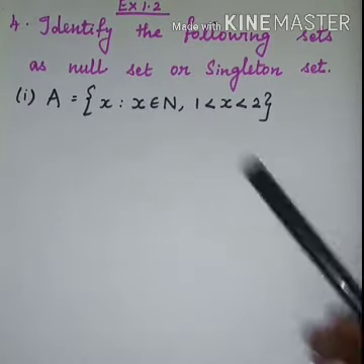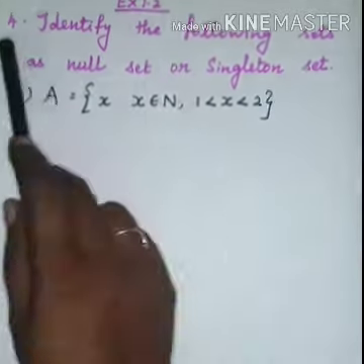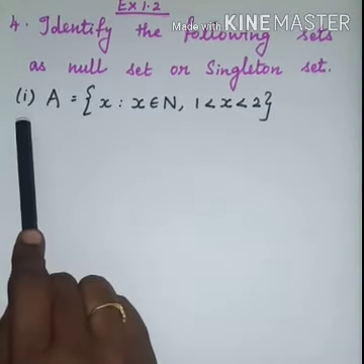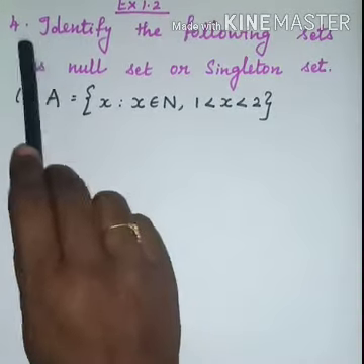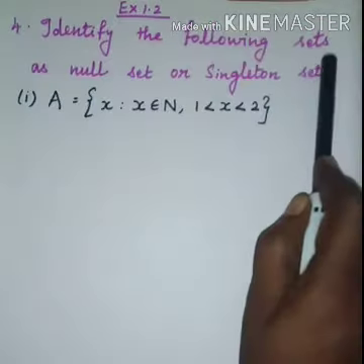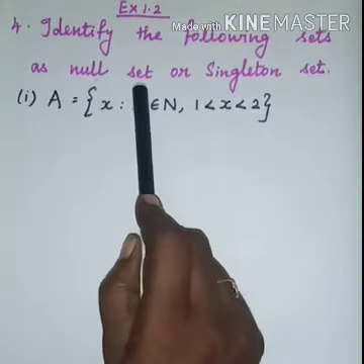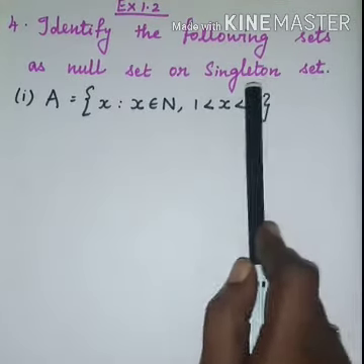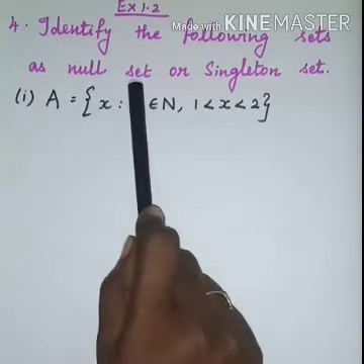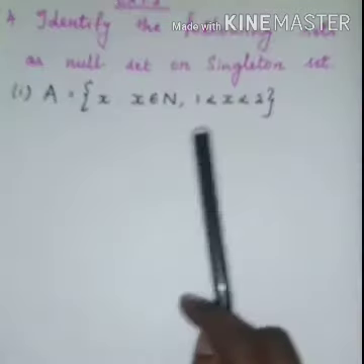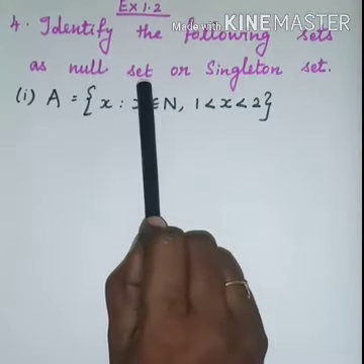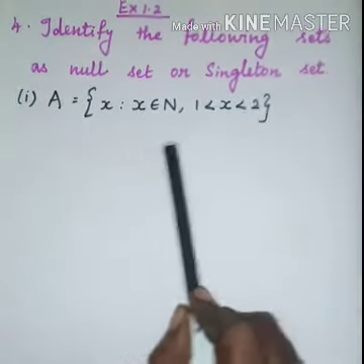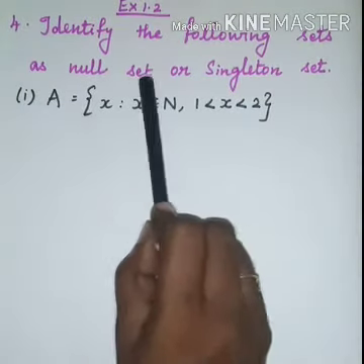Next is exercise 1.2, fourth sum, first subdivision. The fourth sum is to identify the following sets as null set or singleton set. We have already seen the definitions. What is a null set? The set which has no element is called a null set.